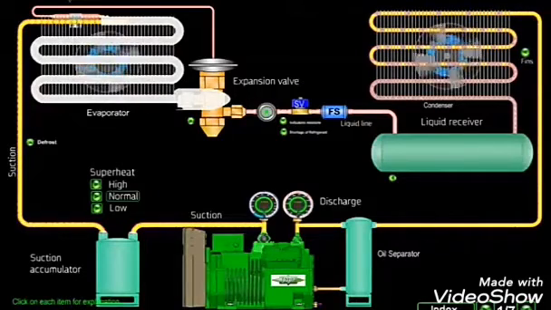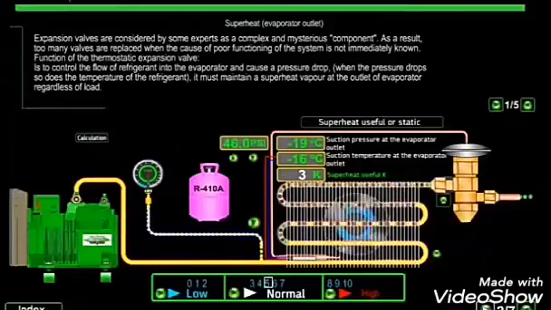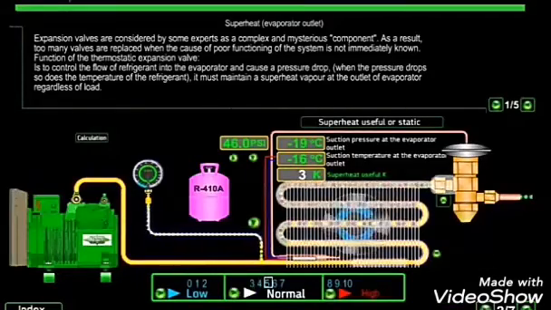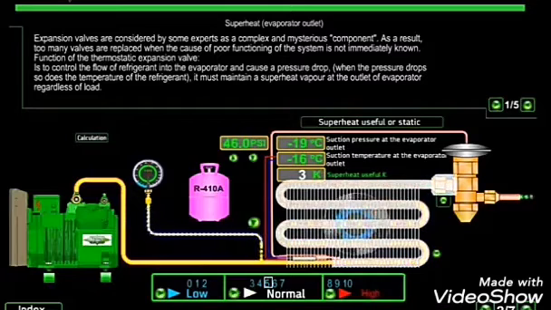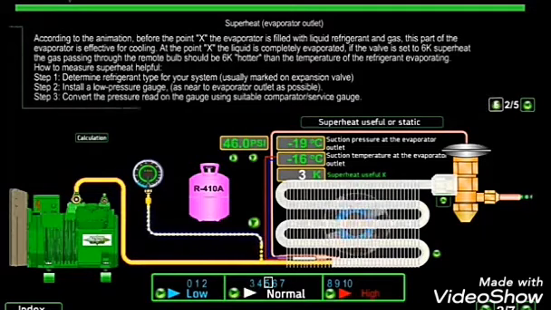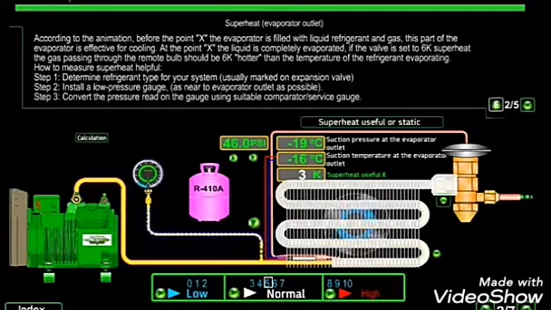Next one, the superheat at the evaporator outlet. Expansion valves are considered by some experts as a complex and mysterious component. As a result, too many valves are replaced when the cause of poor functioning of the system is not immediately known.